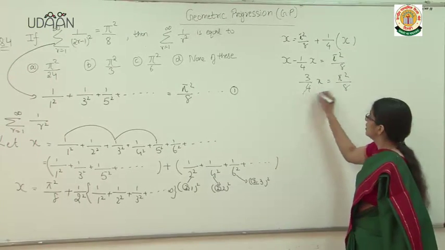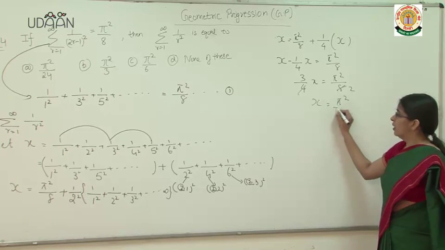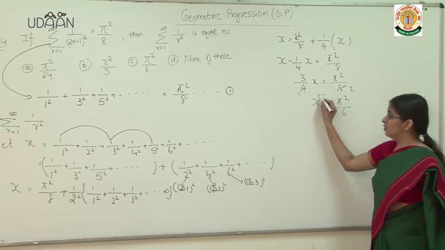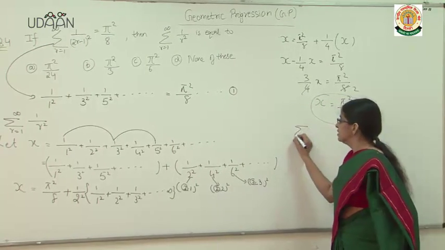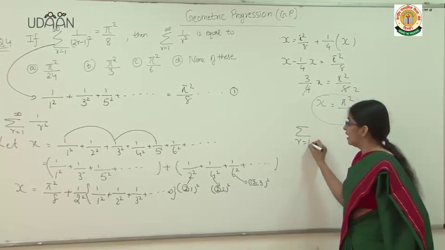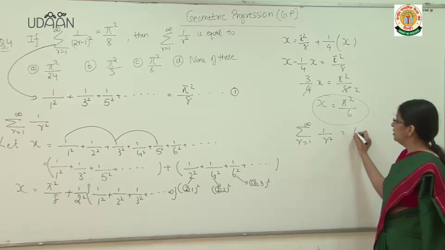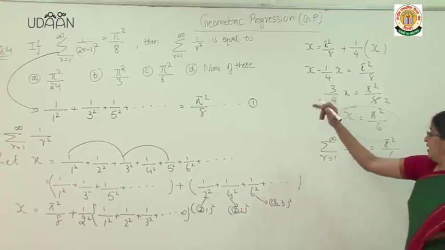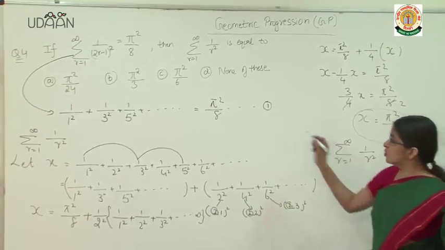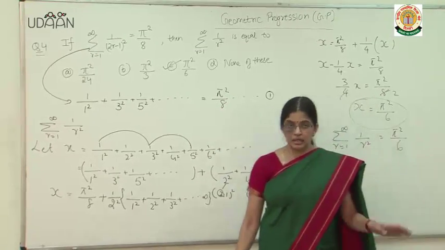Simplify it, cancels out, x equals pi square divided by 3 2s are 6. What is our x? Nothing but the required series, r equal to 1 to infinity of 1 by r square. It is pi square by 6. See, out of the given options, which one is true? Option C is matching. Clear, child?